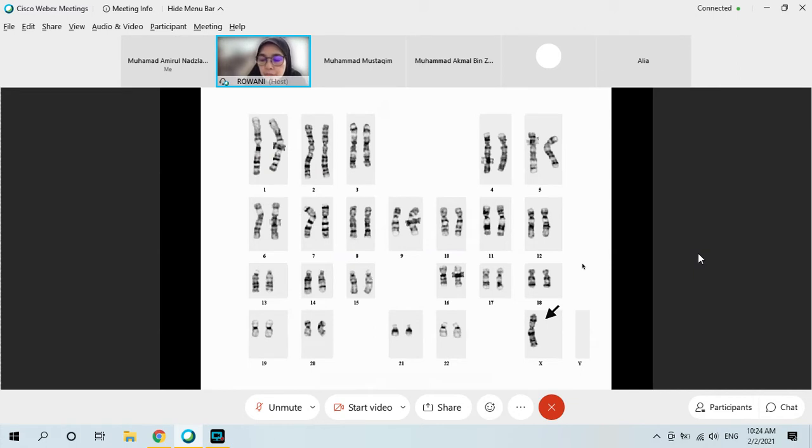Here is another example of numerical abnormalities. So how many chromosomes are there altogether?